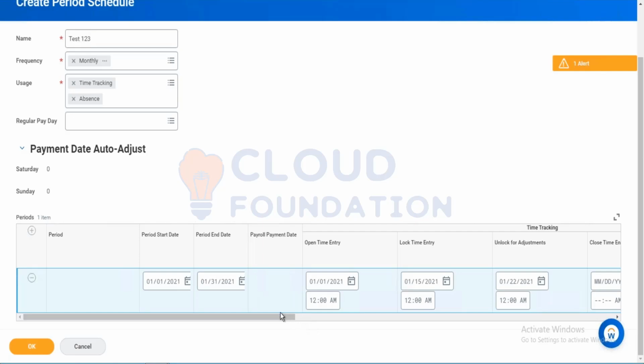We are in January 2021, and if your tenant is giving access, and you are able to enter the time, today is the 7th now, so make the lock time entry 6 and enter the time for that specific period. See if you are able to do it or not, and then modify it again and see if you are able to do it or not.